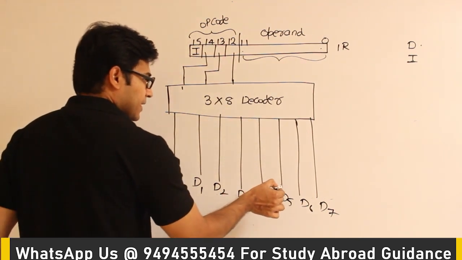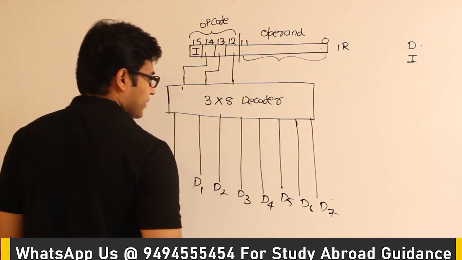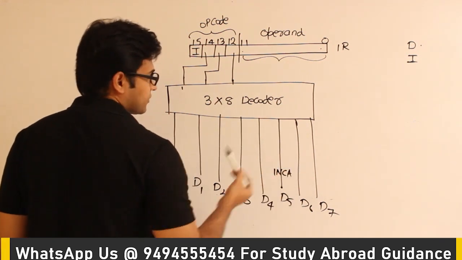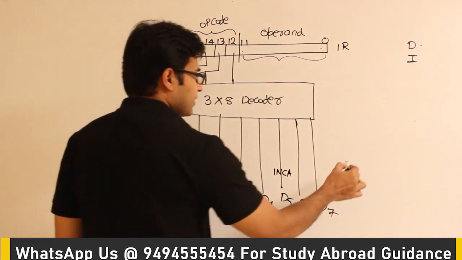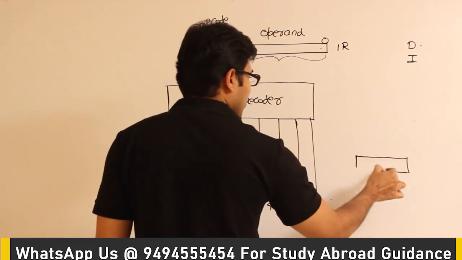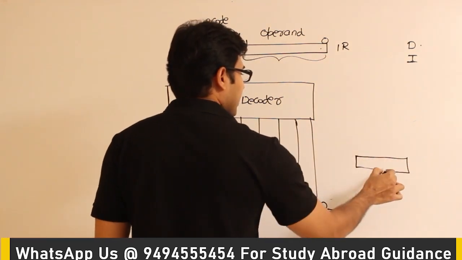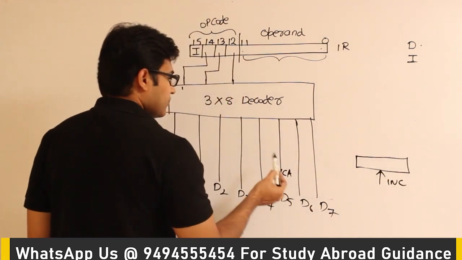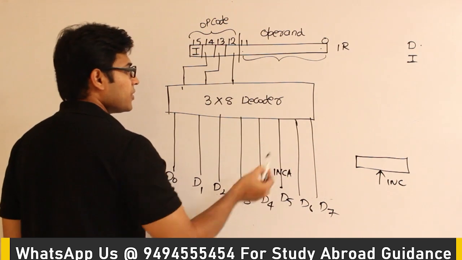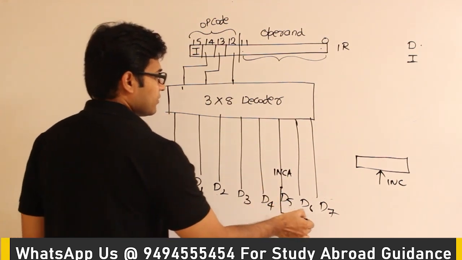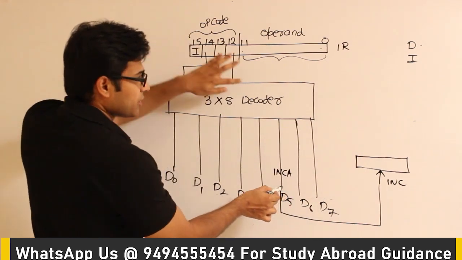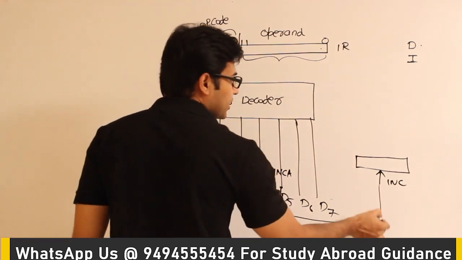Assume that this particular instruction D5 is increment accumulator. So you have this accumulator and you have this increment input to the accumulator. D5 is the instruction which is saying increment accumulator, then D5 will be connected to this. So whenever the type of instruction happens to be increment accumulator, it will automatically be triggered.